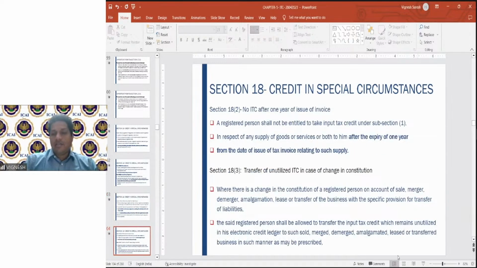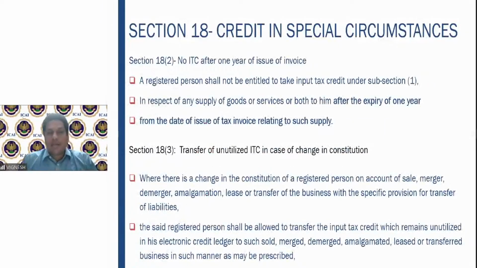Then there are some other provisions in section 18 which speak about no input tax credit after 1 year of issue of the invoice. So in case of subsection 1, the registered person shall not be entitled to take input tax credit under 18 subsection 1 with regard to supply of goods or services or both, after the expiry of 1 year from the date of issue of tax invoice related to such supply.